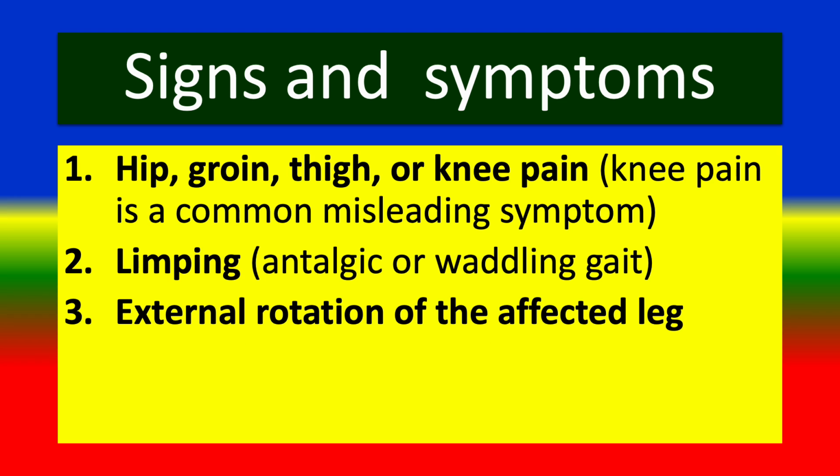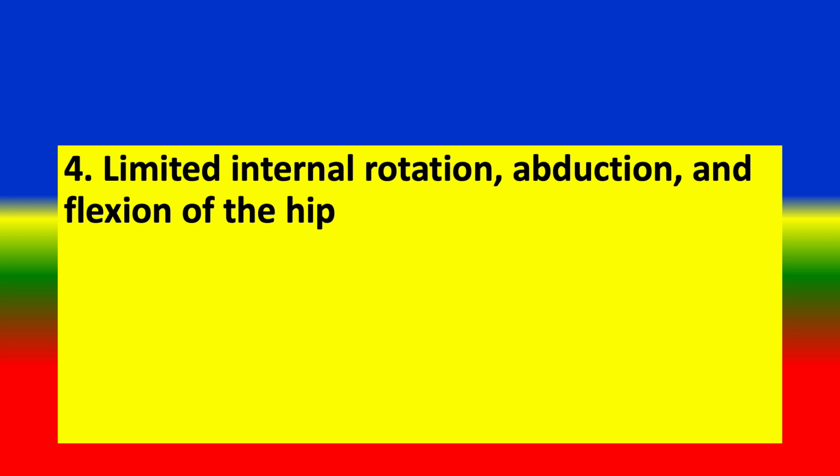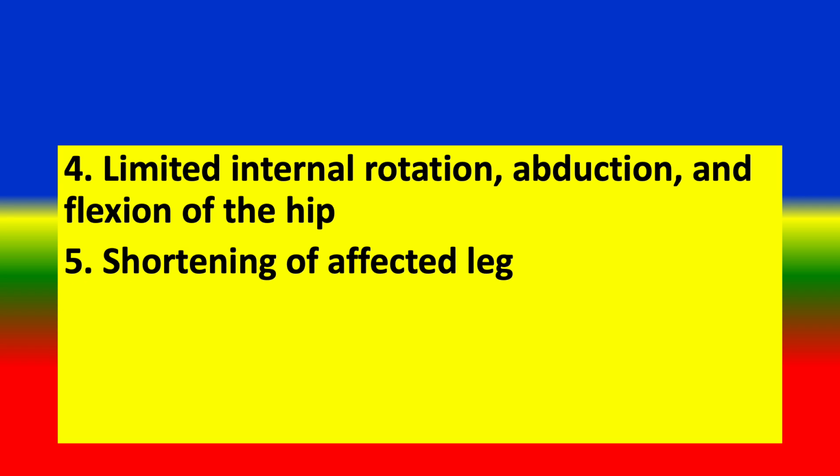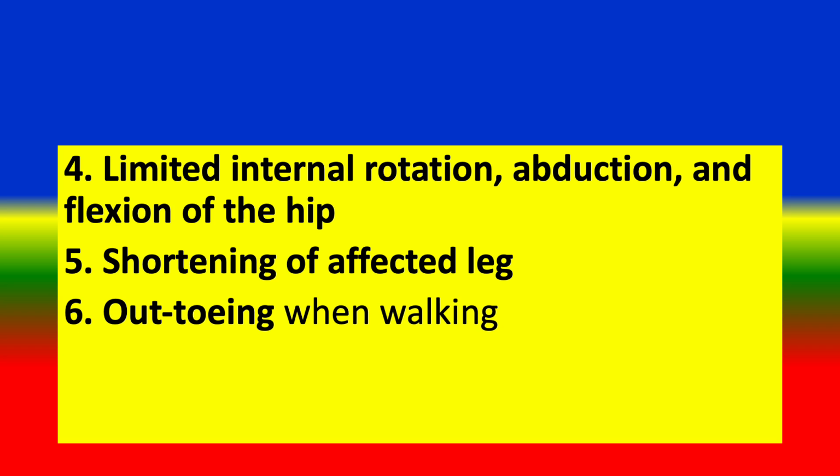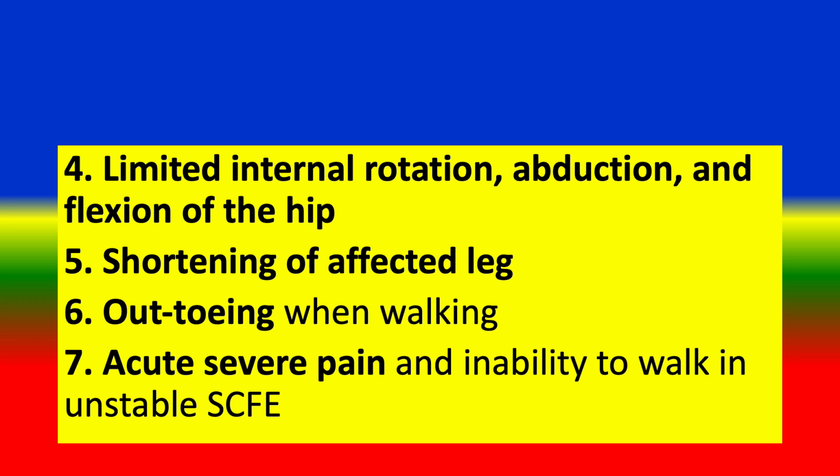External rotation of the affected leg. 4. Limited internal rotation, abduction and flexion of the hip. 5. Shortening of affected leg. 6. Out-toeing when walking. 7. Acute severe pain and inability to walk in unstable SCFE.